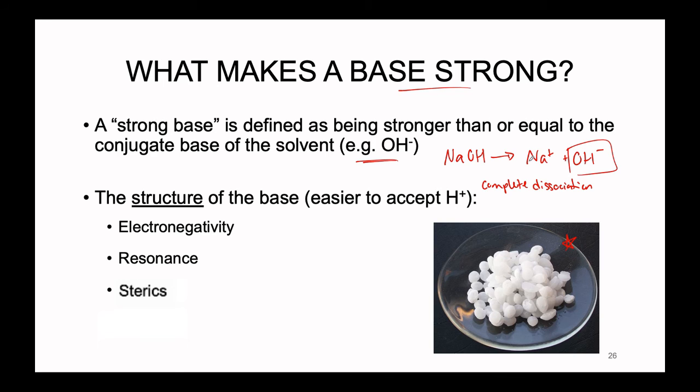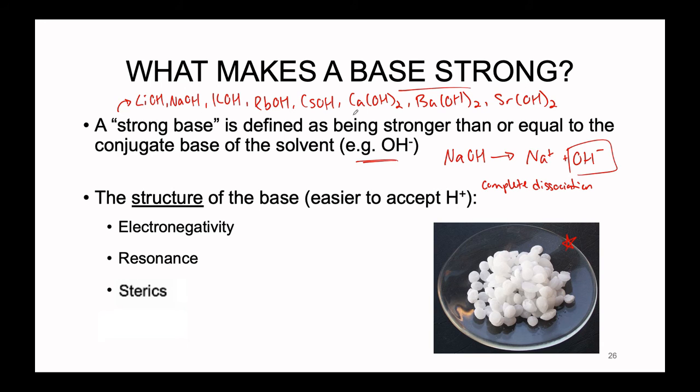So any of those 8 strong bases from our previous list, the 8 compounds, just as a general reminder: lithium hydroxide, sodium hydroxide, potassium hydroxide, rubidium hydroxide, cesium hydroxide, calcium hydroxide, barium hydroxide, and strontium hydroxide.